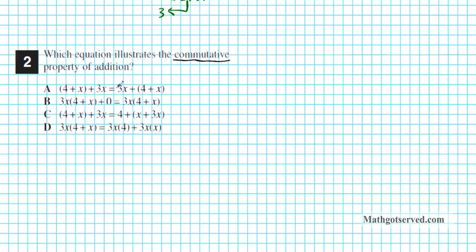All right? Now, the word commutative, if we think about commute, what does the word commute mean? Commute means to move, right? To travel. You're transporting yourself from one place to another. So there has to be a change in position, okay, or placement. So that's exactly what the commutative property is.